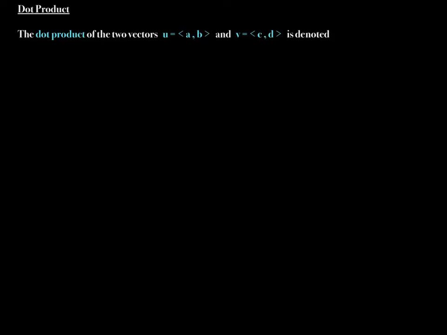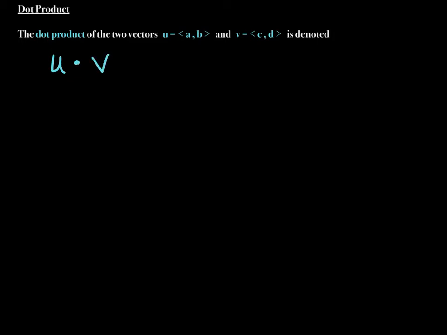Now to wrap this section up, we want to talk about the dot product between two vectors. This is really important. The dot product of two vectors u and v, where u is defined as a comma b and v is defined as c comma d, is written u dot v.